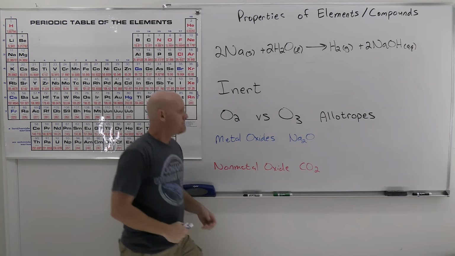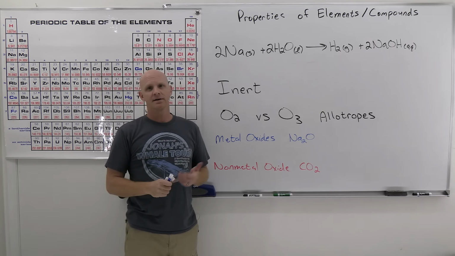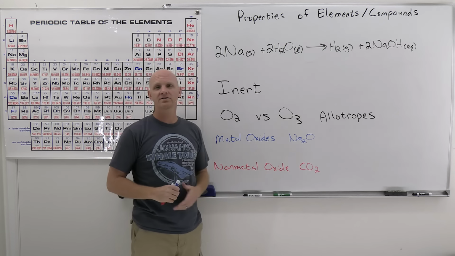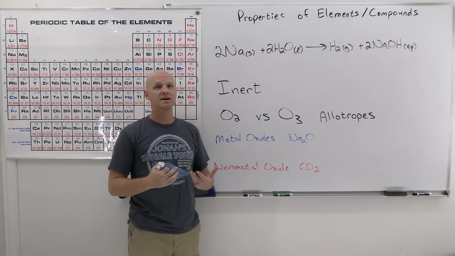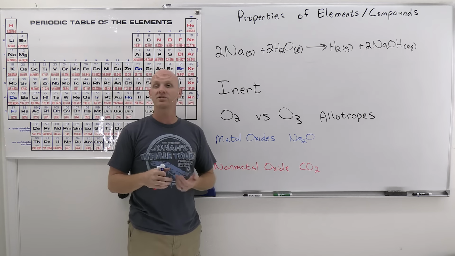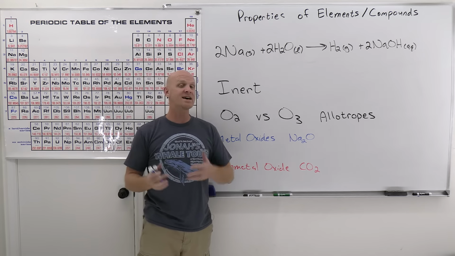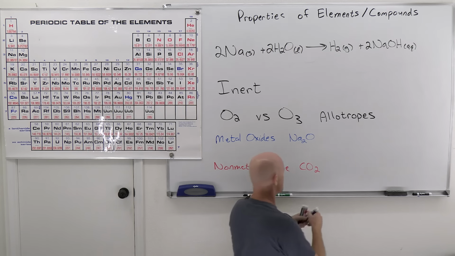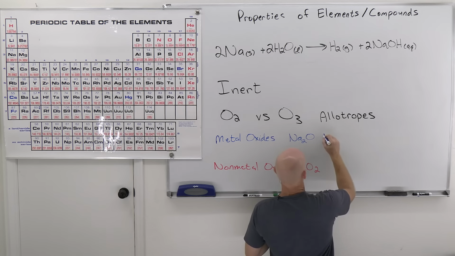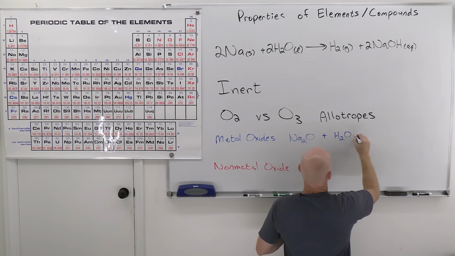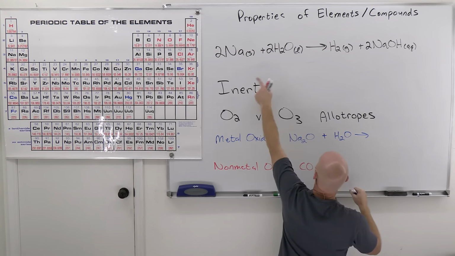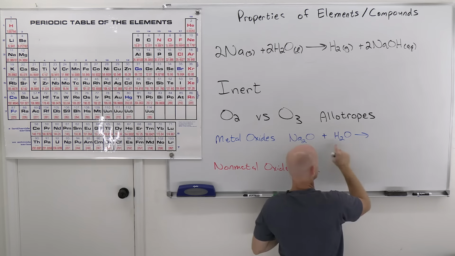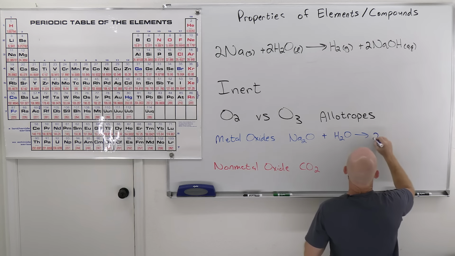And so it turns out that metal oxides tend to be basic. You put this sodium oxide in water and the solution is going to be a base. We'll find out that that would mean the pH will end up being greater than 7 far down the road. And you can kind of see why that is if you actually show the reaction with water. And just like when you put sodium metal in water, you get NaOH, you're going to get sodium hydroxide here as well.